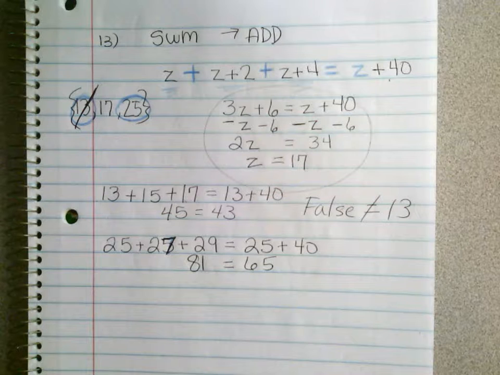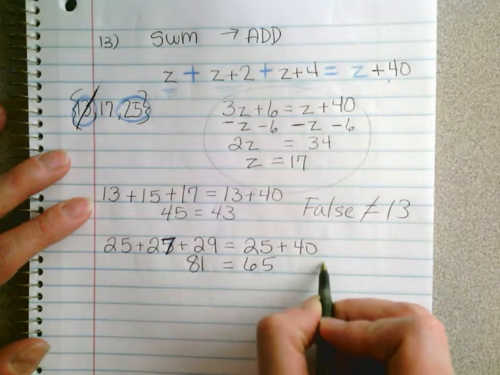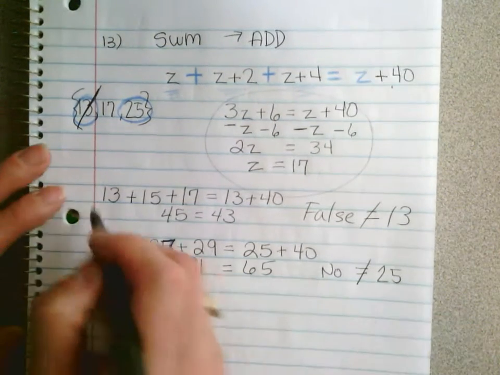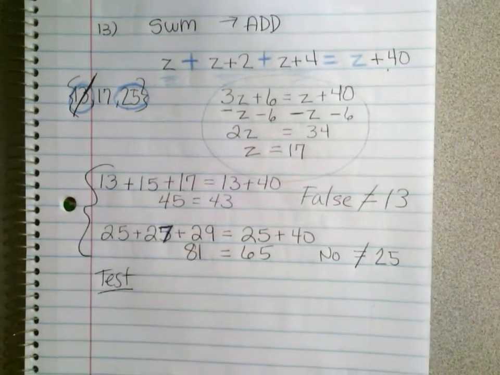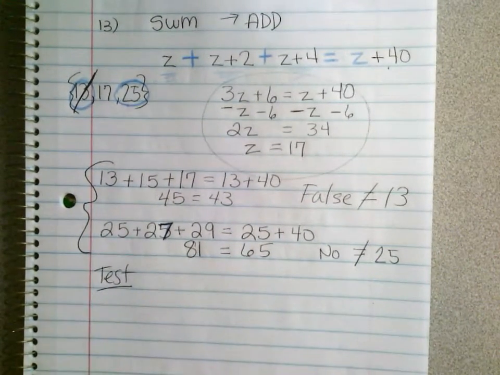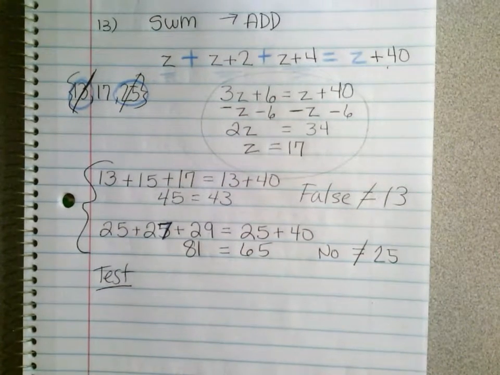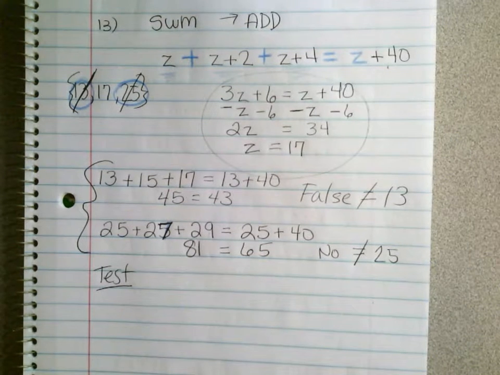We good? So, nope. The answer does not equal 25. So this is how you can do the test method and find out your answer. Or you can simply solve it as an equation and find out what value would fit for z. That is number 13 in your textbook.